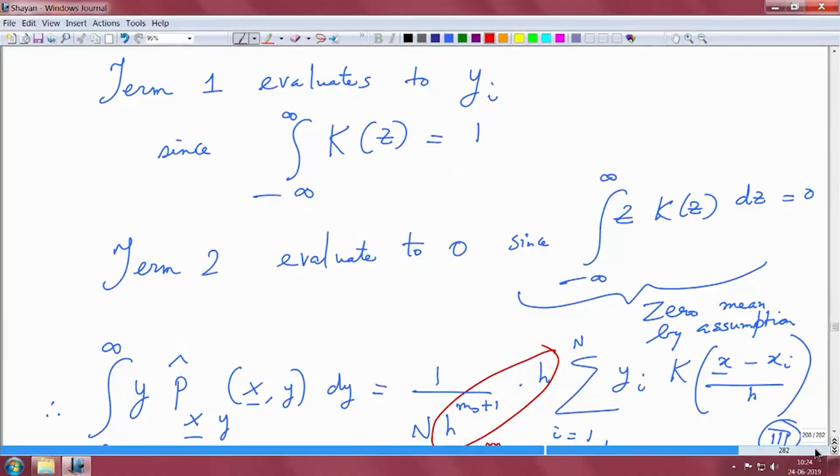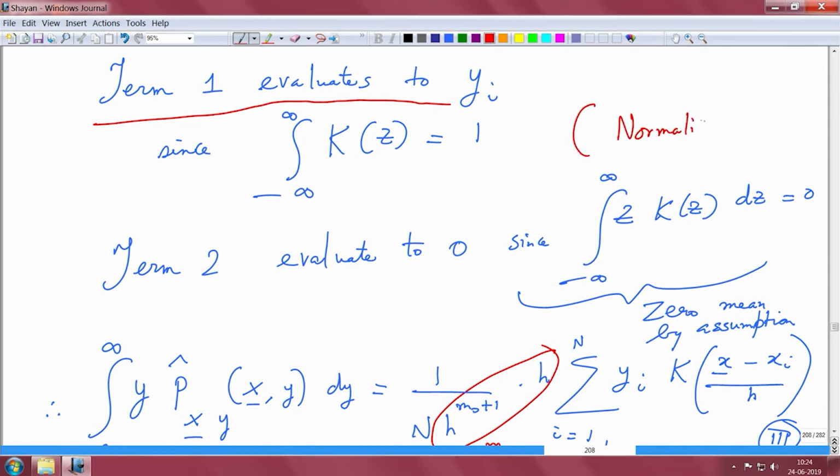Now, term 1 evaluates to y suffix I because of this property, this is normalization, and this integral happens to be 0 because it is symmetric, and we can assume it to be 0 mean as well.